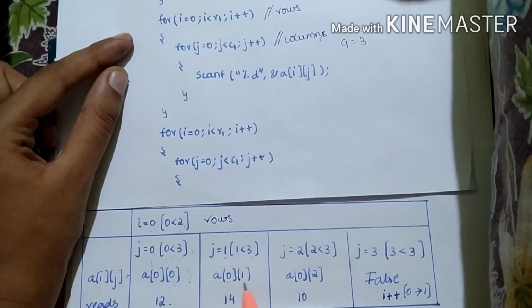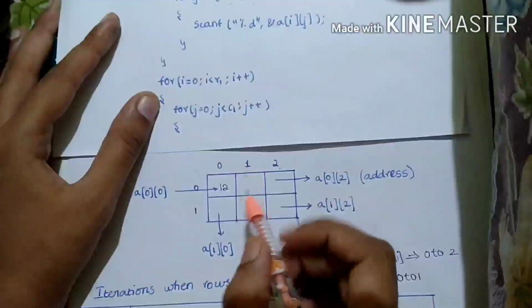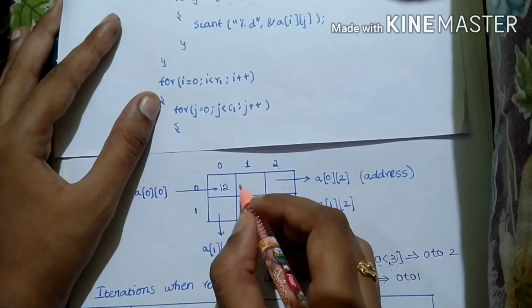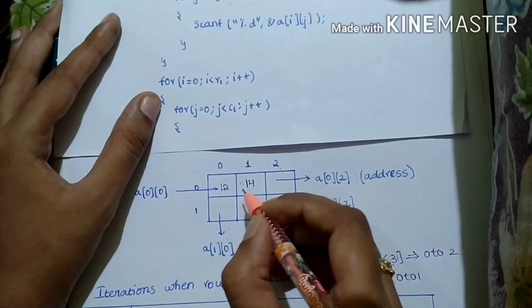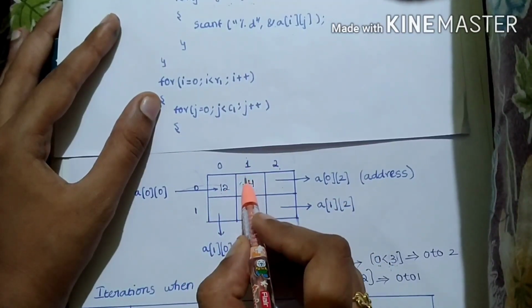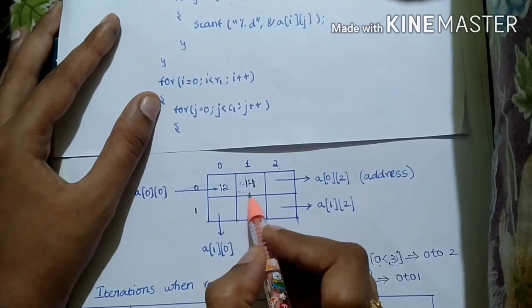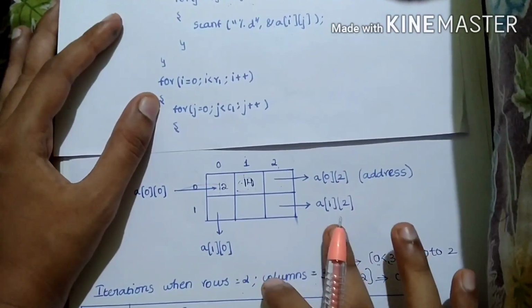So a of 0 of 1 is the dynamic value 14, the dynamic value which I enter. That is 0th row and 1st column. Here the value 14 will be assigned. It may be any value, it's of your choice.